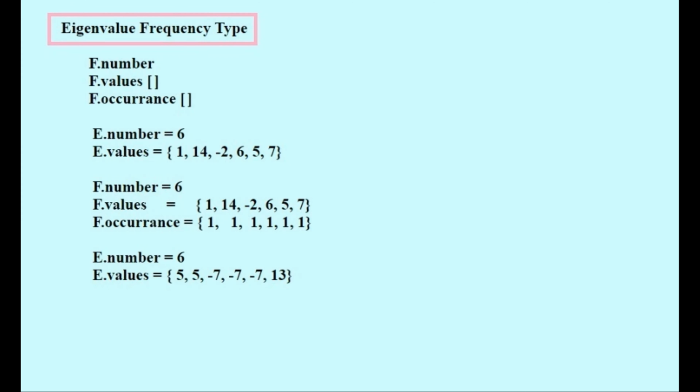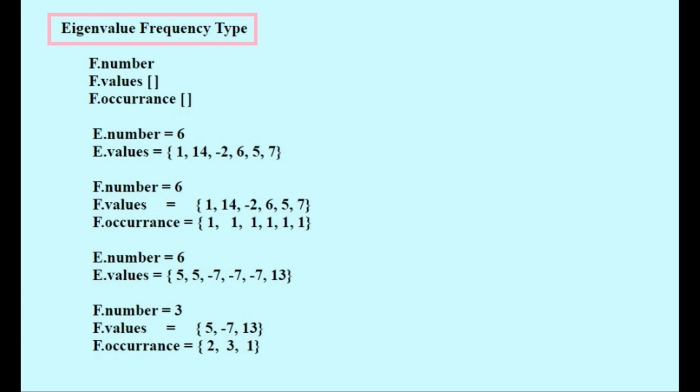But in this example, we have 6 eigenvalues, and some are equal. There are 2 5s and 3 -7s. So if we put these in the frequency type, then we'd only have 3 different eigenvalues, with 5 occurring twice and -7 occurring 3 times.